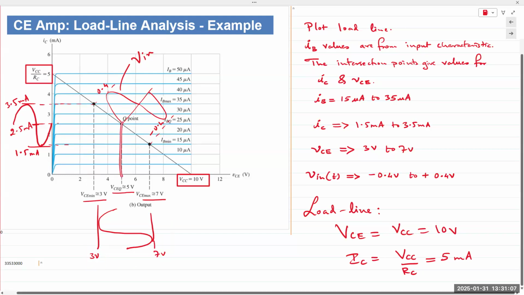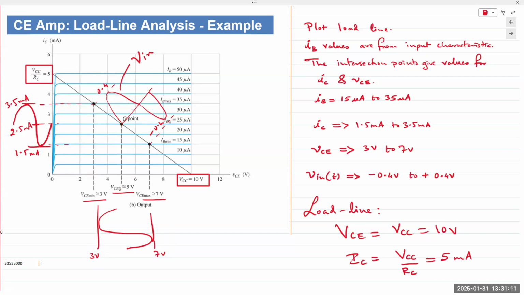The Q point is right here, which gives us 5 volts. And the minimum value of V in, the minimum value of IB, gives us the maximum value for VCE.